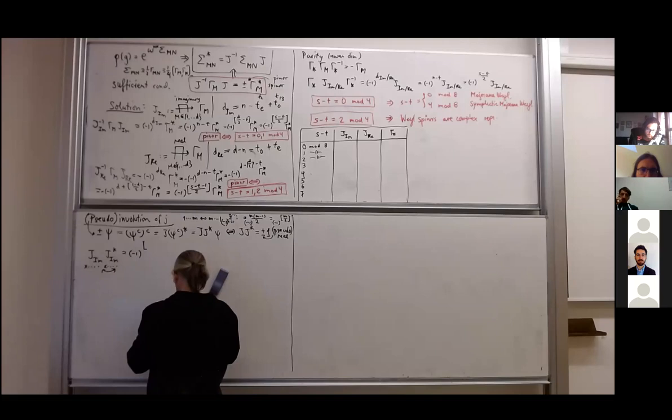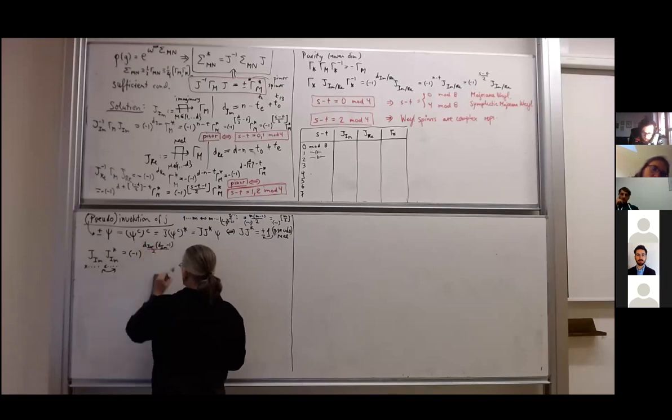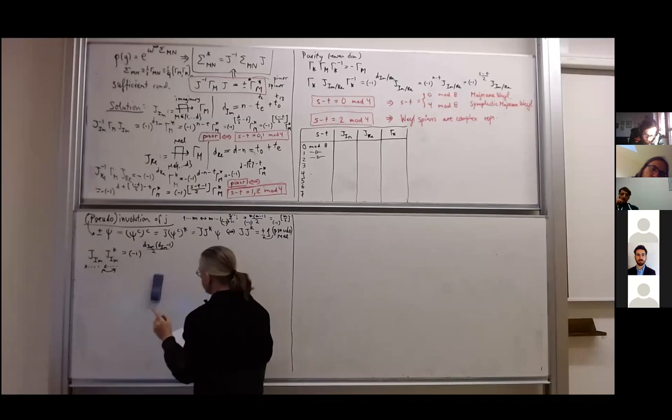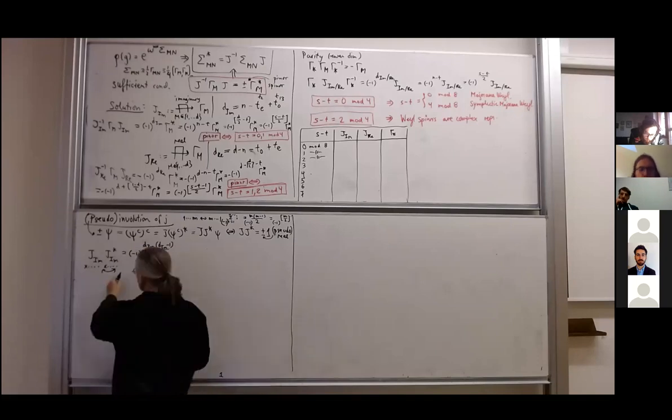Actually, maybe it's easier to write that as dm and then dm minus 1 over 2. So that's one thing. Now I have turned them around, and then I want to start contracting them.